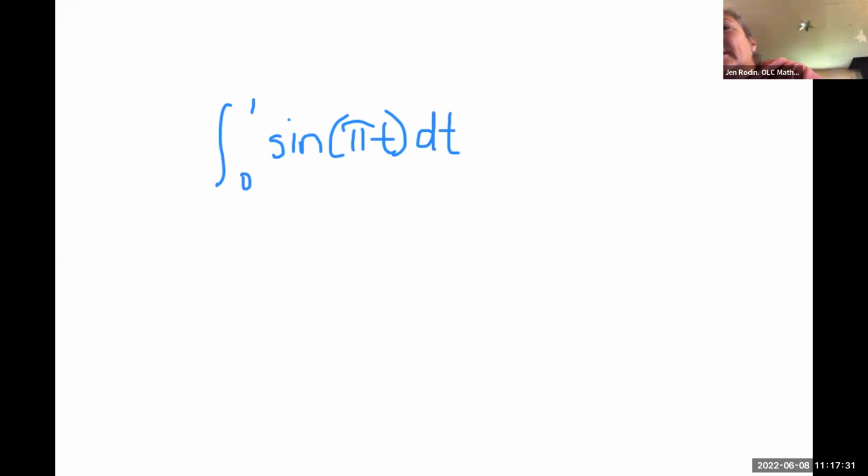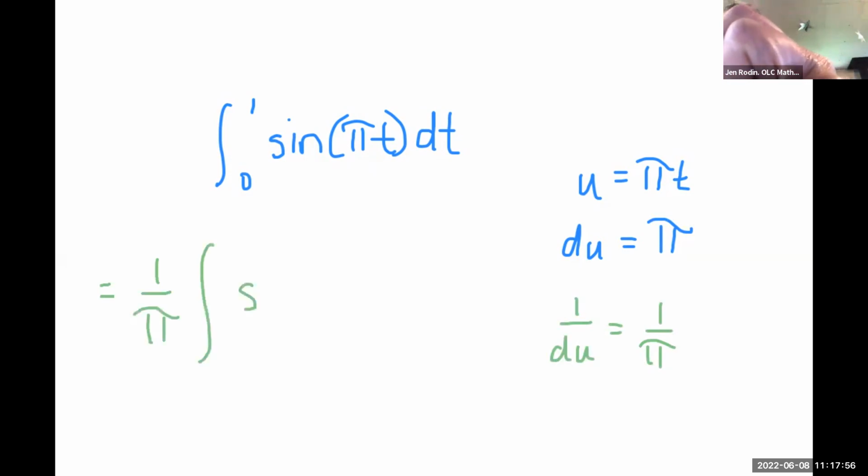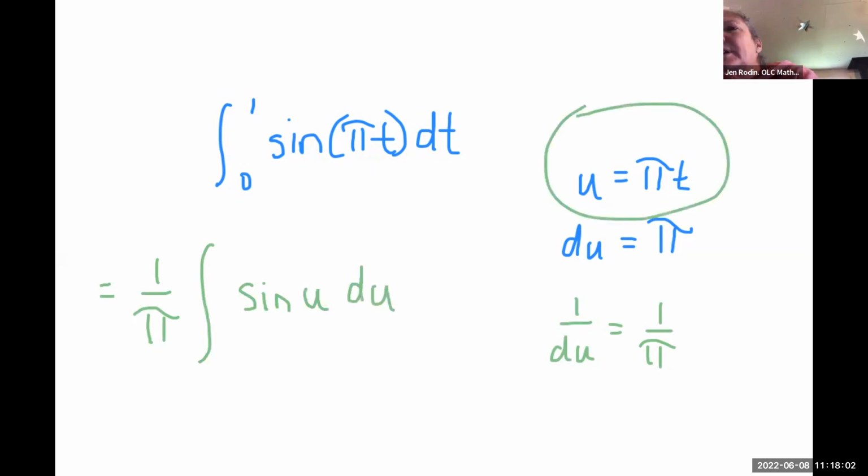So first we'd pick whatever it's sine of, that's going to have to be u. So du is going to be just pi dt. And to counteract that, the reciprocal of that is 1 over pi. That's what's going to go out here. Backing up to here, if t is 0, the sine of 0 is 0.